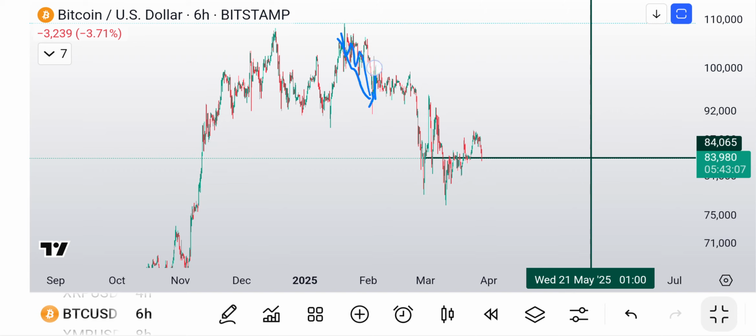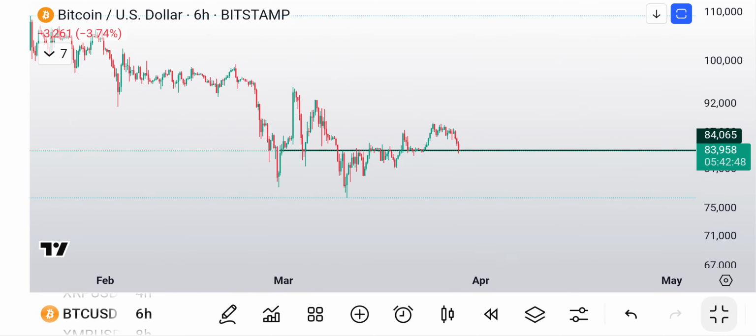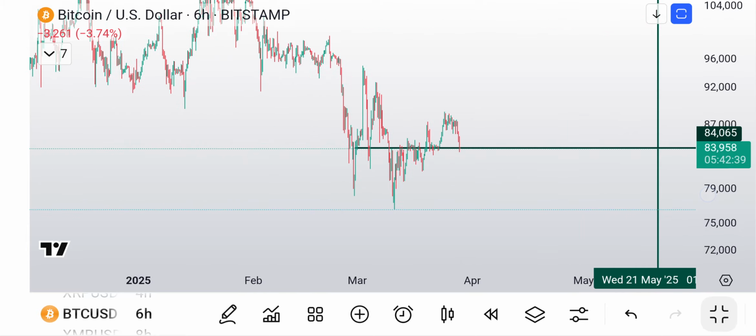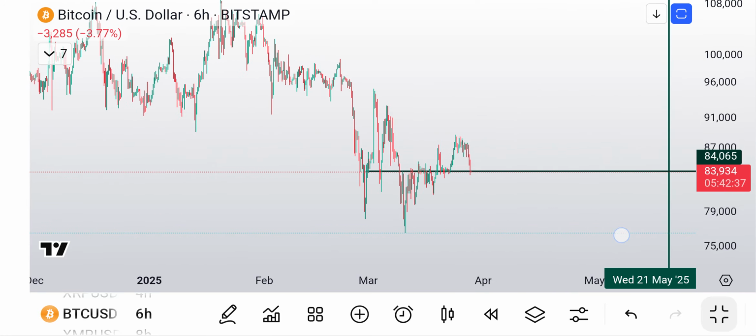So we have that 5-wave move. But if 5 is a diag, or a diagonal, we would then have 1, 2, 3, 4, 5. I don't like it though, because it just doesn't look right to me. But that's kind of what I'm thinking here.